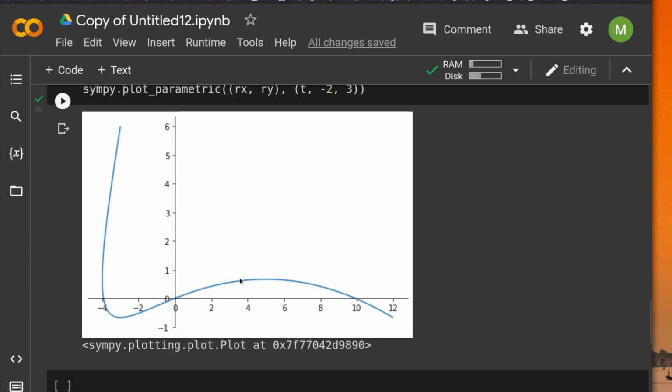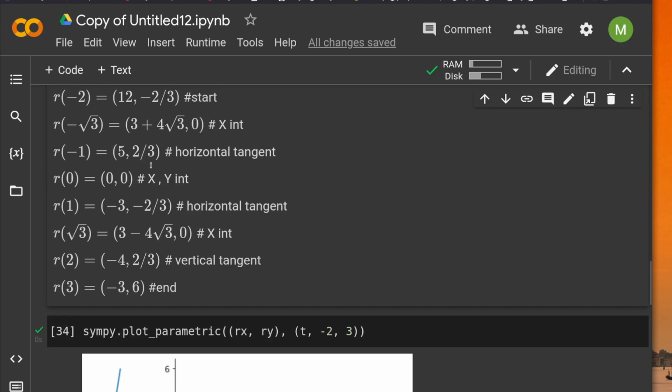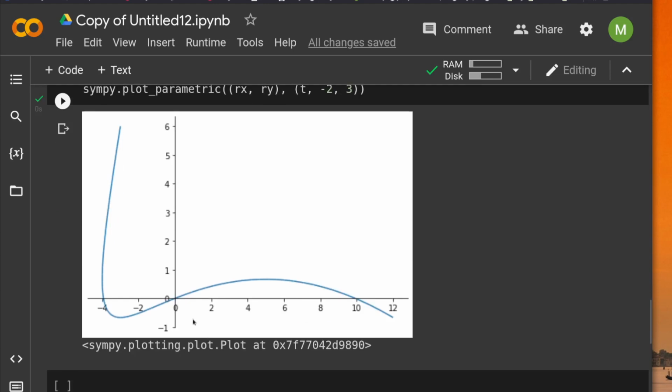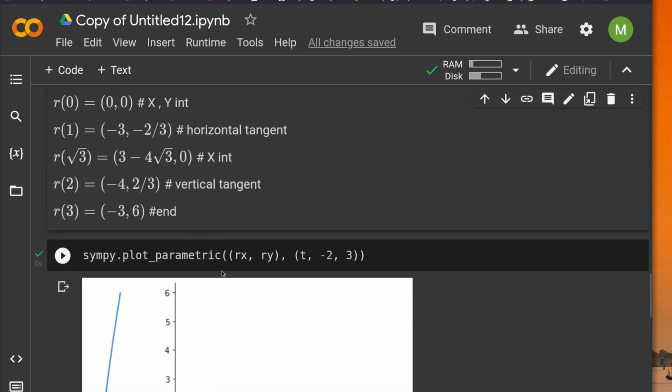Here we've got a horizontal tangent. Next one is the xy intercept, so it goes through the origin. Next point is another horizontal tangent.